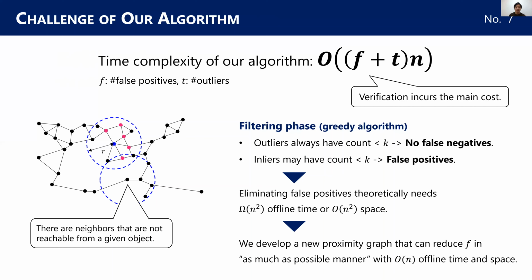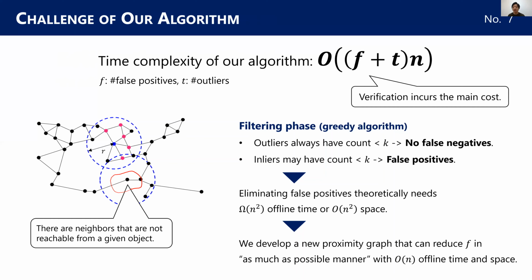Our algorithm has no false negatives, so it is accurate. However, in the filtering phase, inliers may have less count than k. So it incurs false positives, as shown in the left figure. For instance, this inlier can be a false positive.